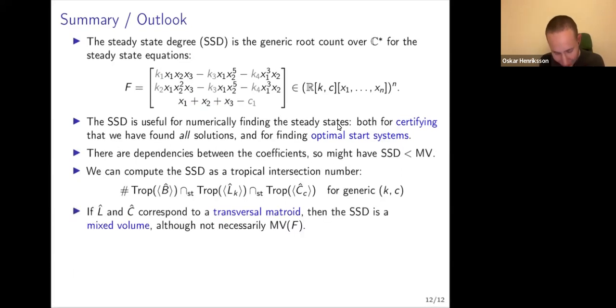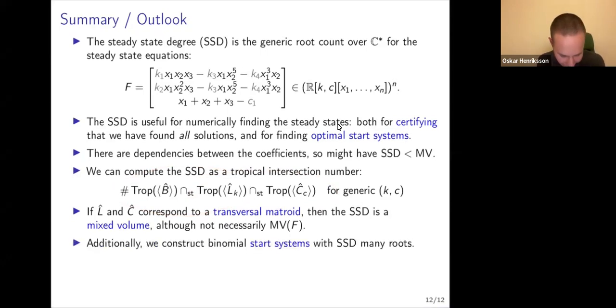And in a lot of cases, not all, we are lucky that we have a transversal matroid, and then tropicalizing these things is very easy. And the steady state degree turns out to be a mixed volume, which is fast to compute, much faster than this. But it will not necessarily be the mixed volume of the original system. Additionally, this method gives us explicit start systems, explicit homotopy, so that we can actually carry out the numerical algebraic geometry solution.